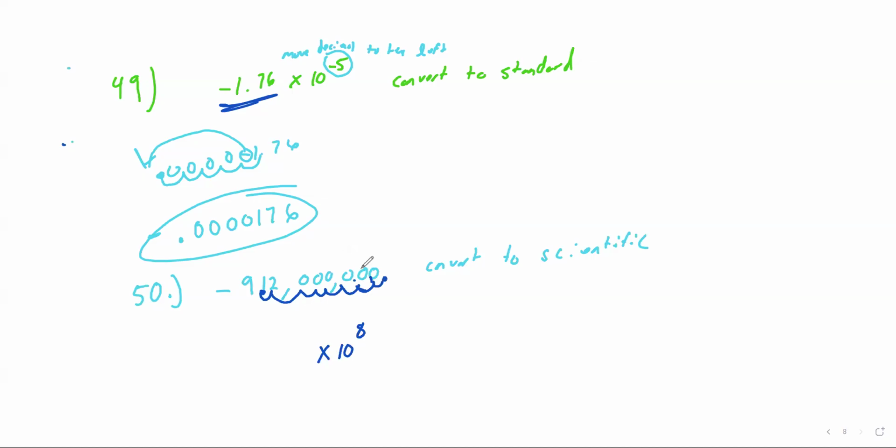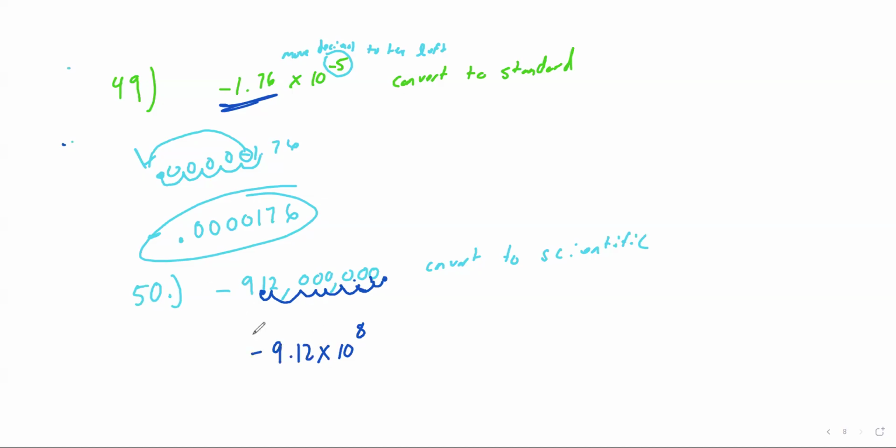When you are going from standard to scientific and you move left, the exponent is positive, because you have to think backwards. If it was positive, I would want to move that decimal to the right to get the correct answer. So in this case, that would be negative 9.12.